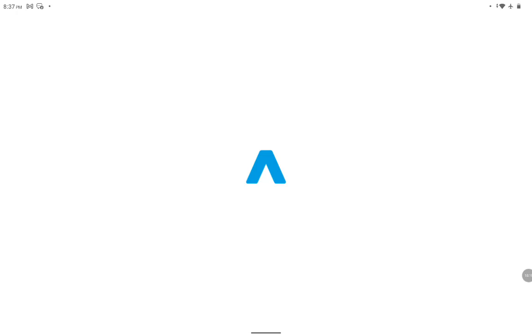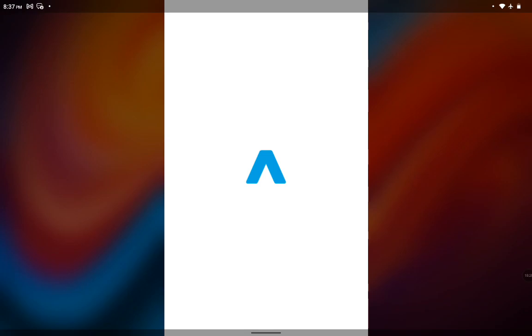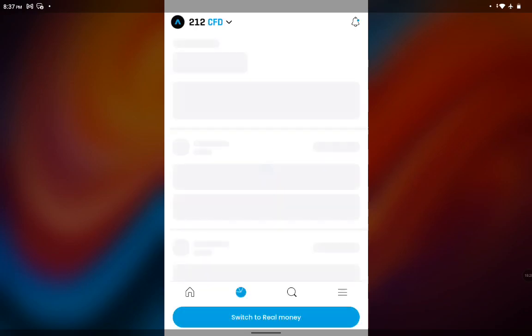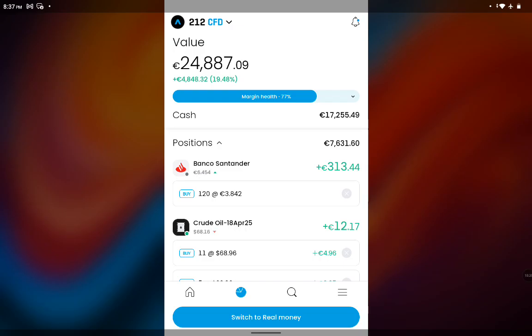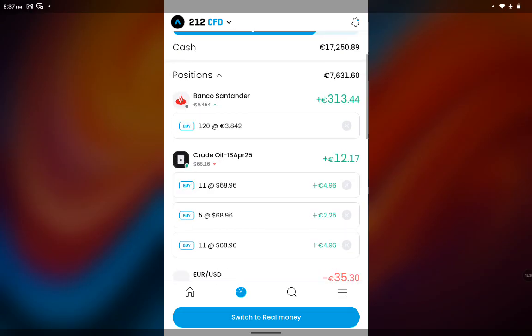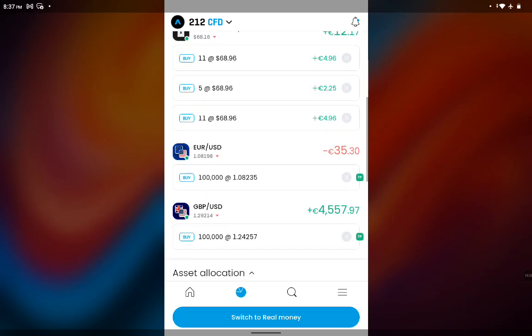Right, so we're in my terminal, and I was previously trading Banco Santander stock, which is really high right now. Great British Pound USD since February.